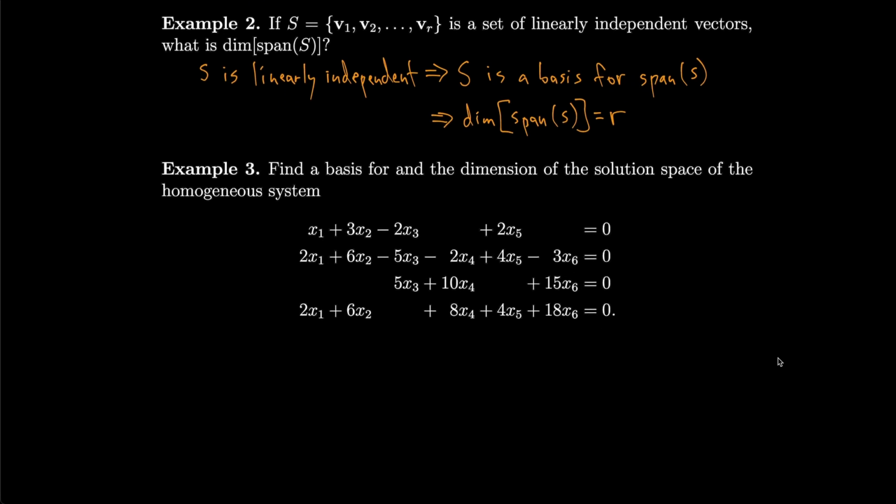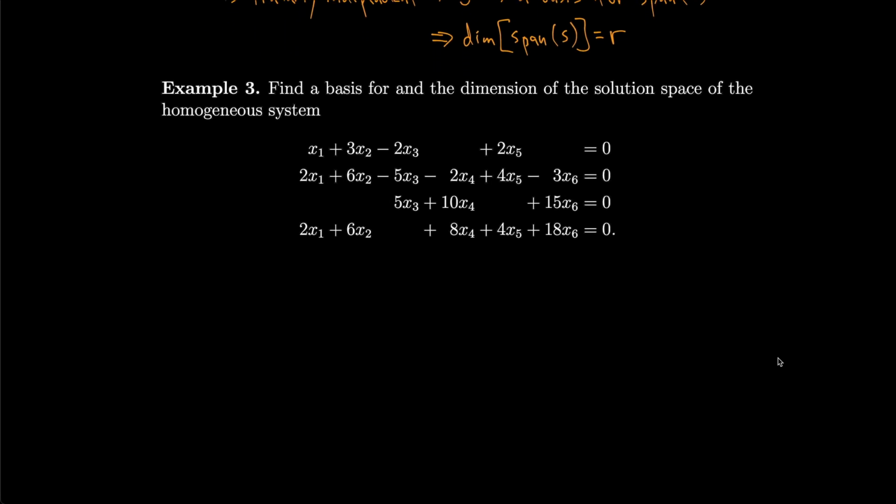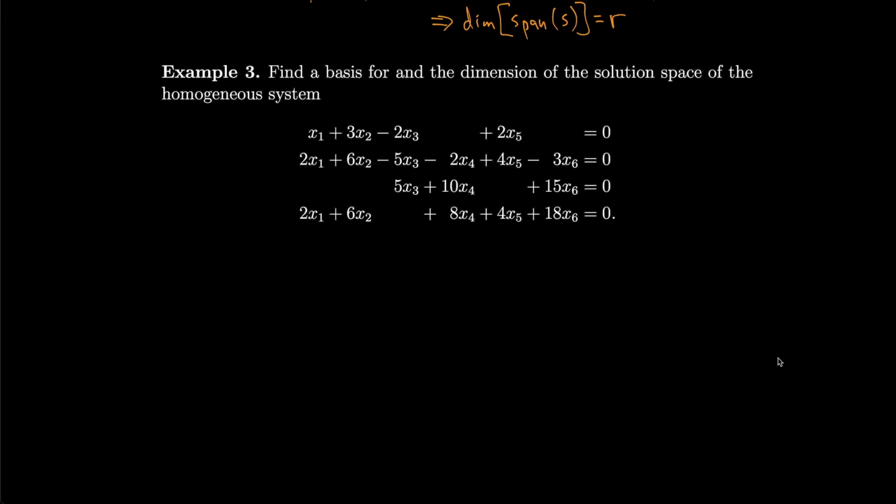Okay, how about we find a basis for and the dimension of the solution space of the homogeneous system given over here. Remember that we first looked at this in example 6 of section 1.2.